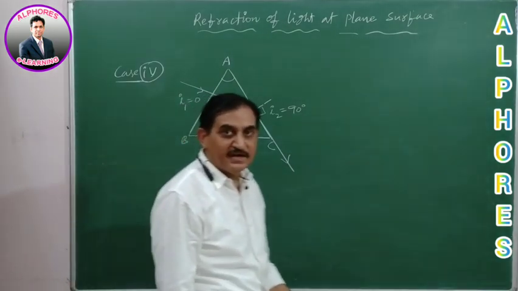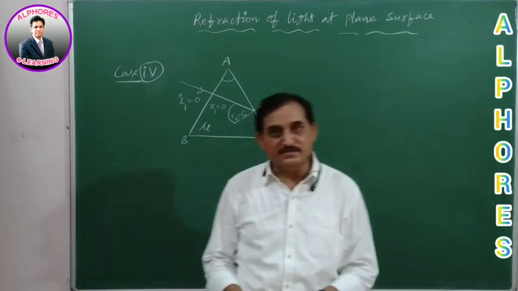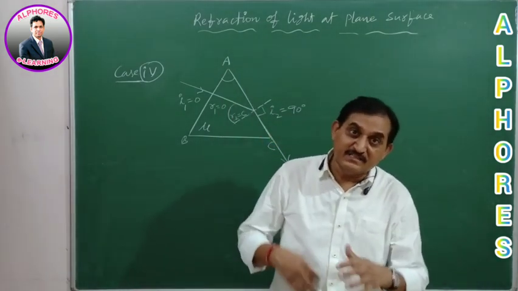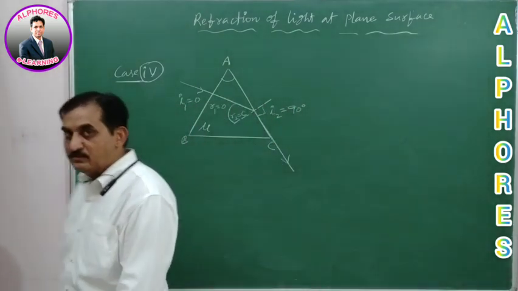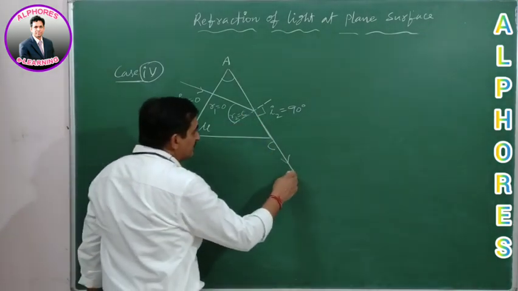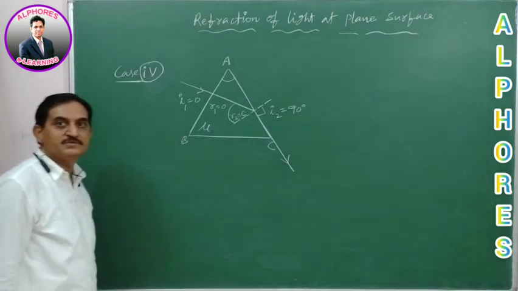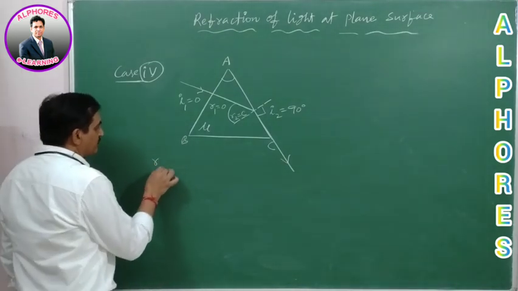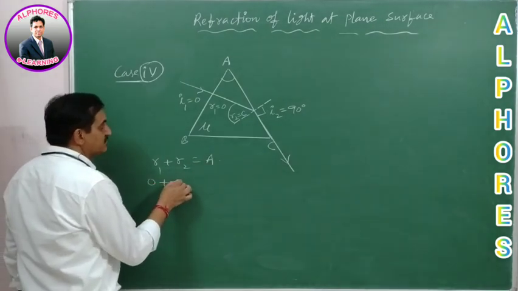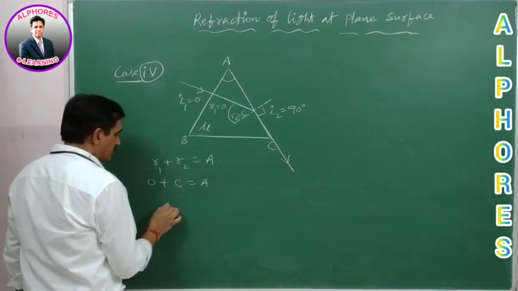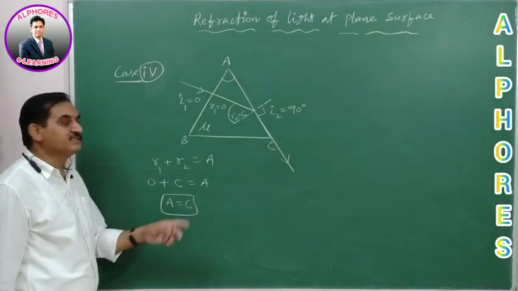Again I repeat, wherever a ray is grazing a surface, on the other side it should definitely be considered as the critical angle. Therefore, here it is grazing, but on the other side it is the critical angle. Now R1 plus R2 is equal to A, where R1 is 0 and R2 is C, so A is equal to C. Already we calculated the critical angle.